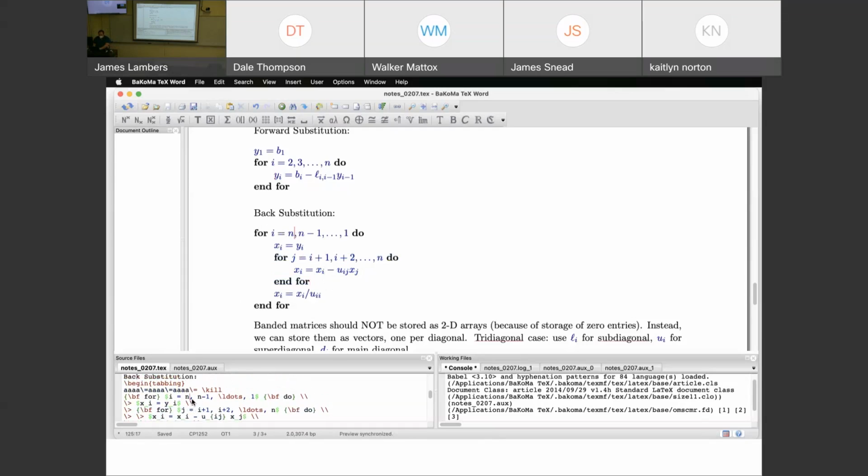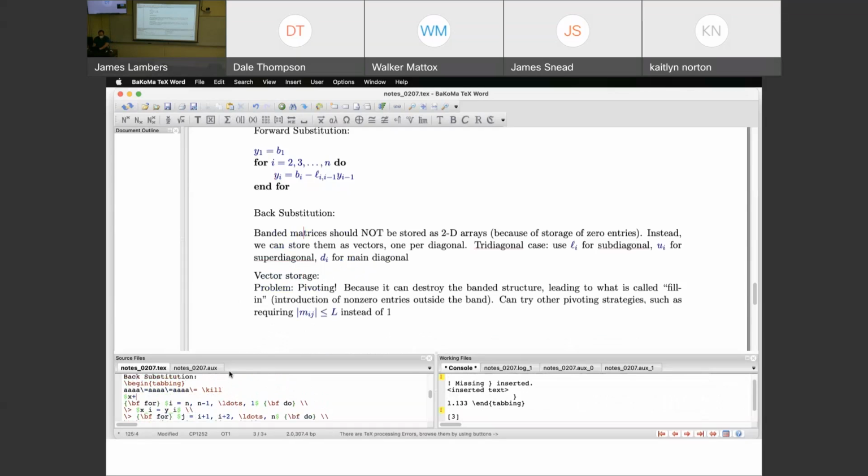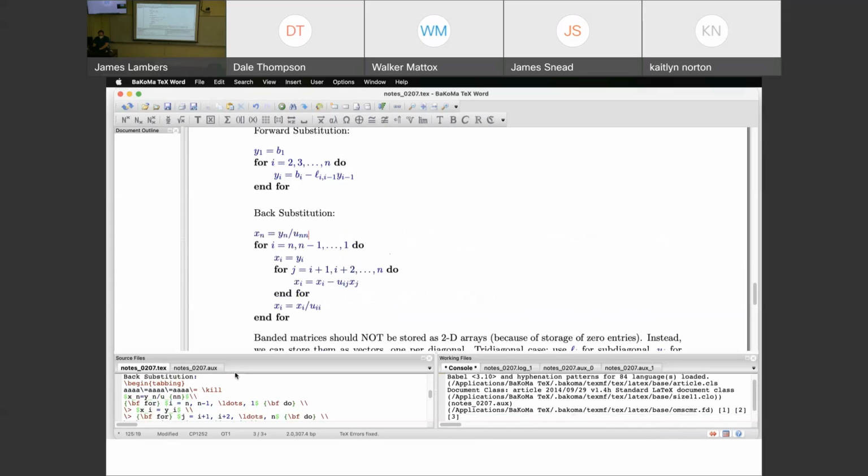So I'm going to have the i equals n case done up here. So x_n is equal to y_n over u_nn. Okay. And then I will start at n minus 1 and count down from here all the way to 1.